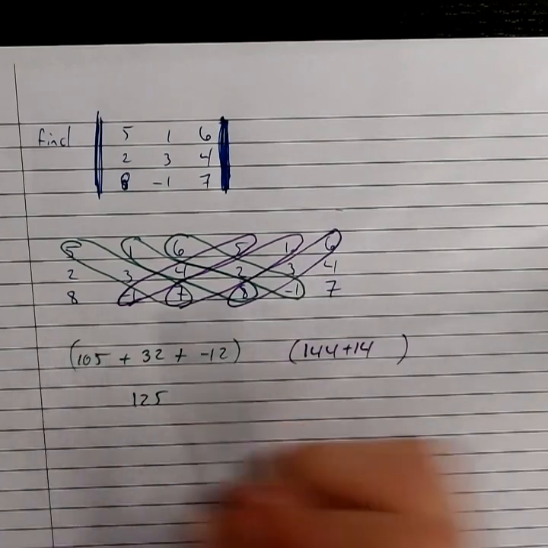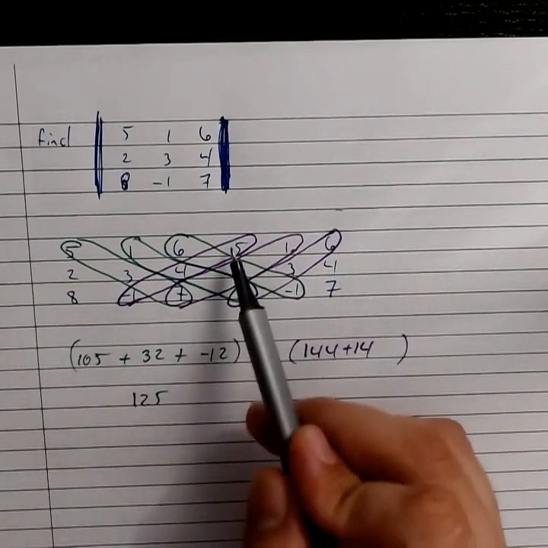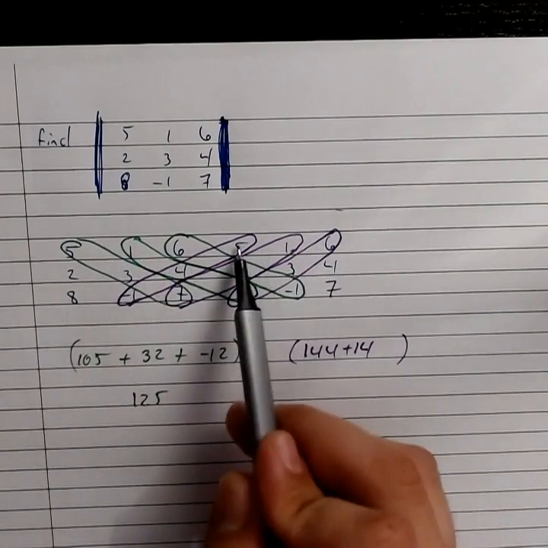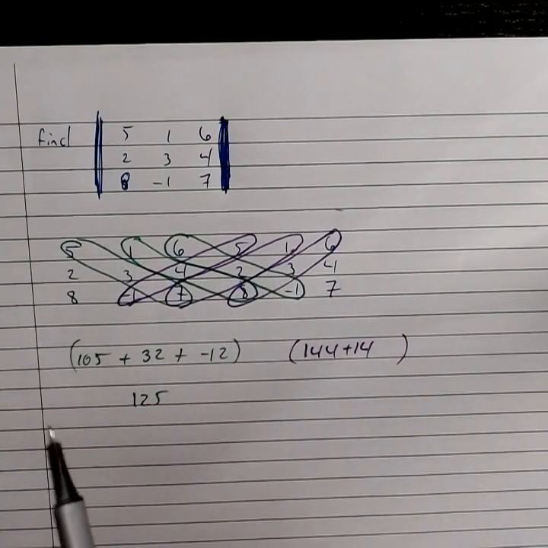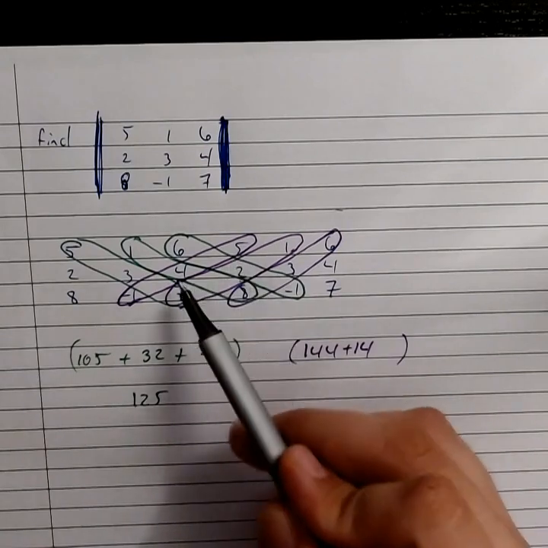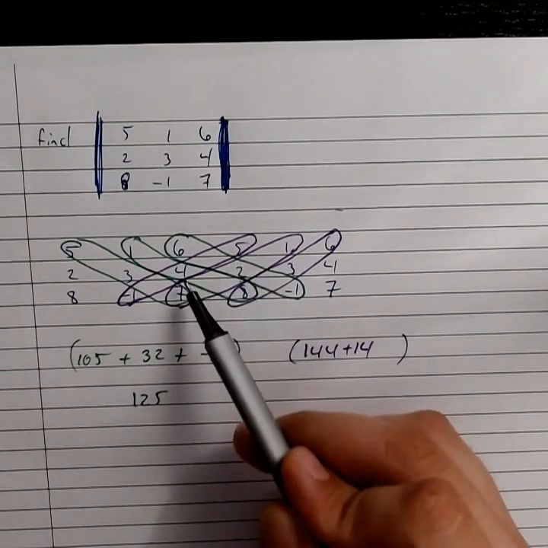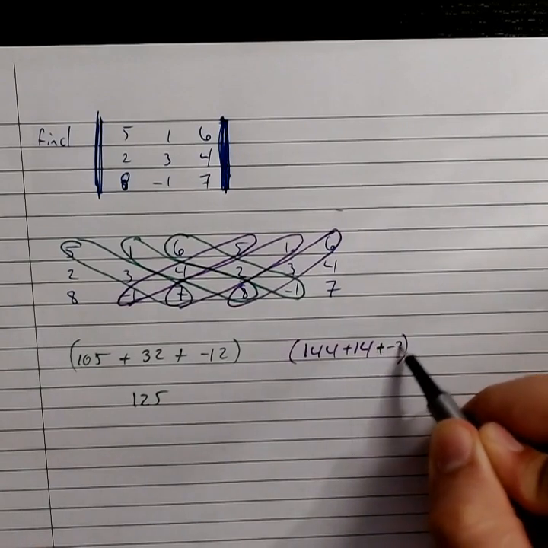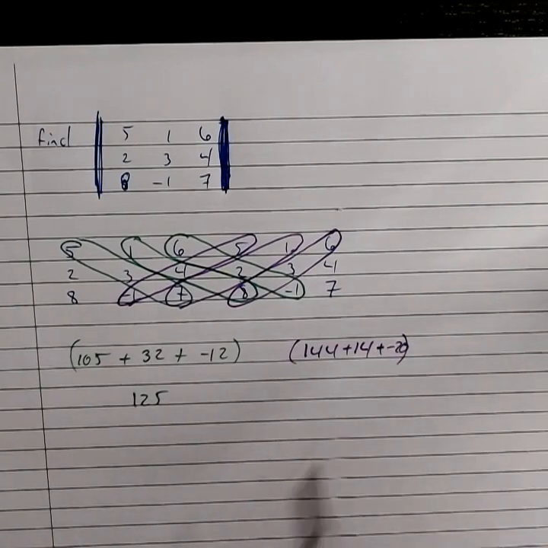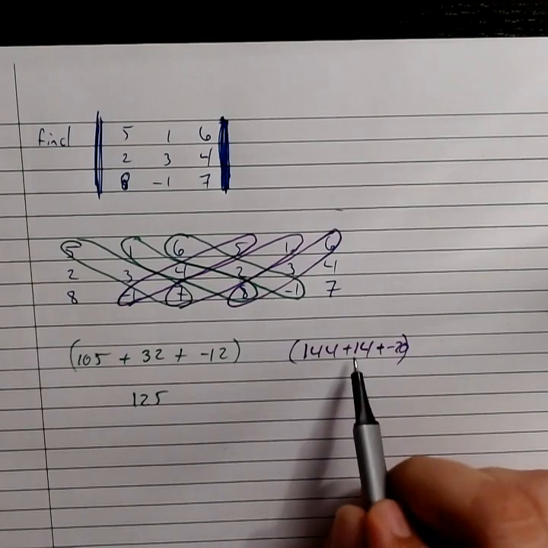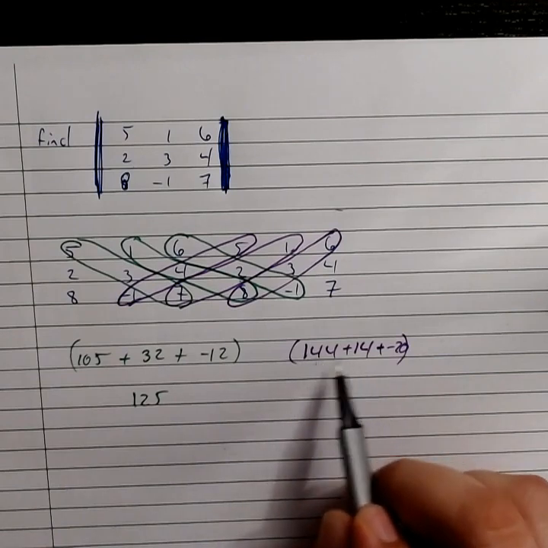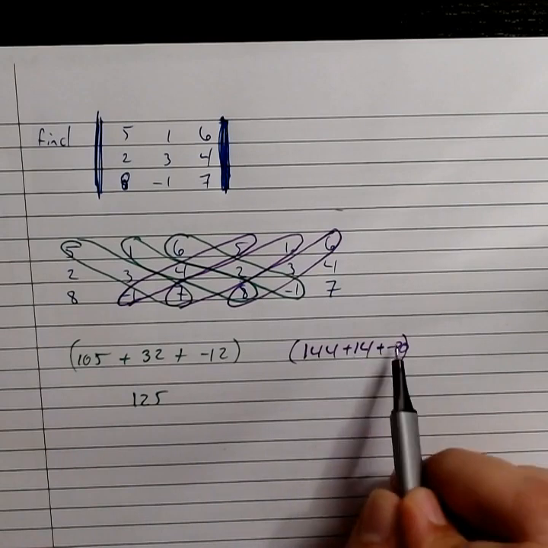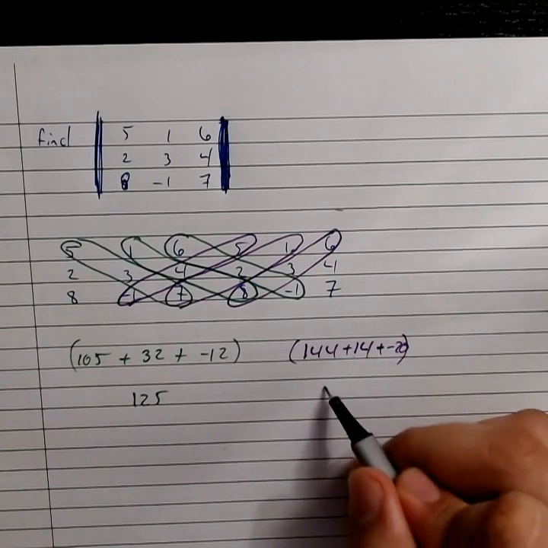Some of the ones down here might not, but that's not a big deal. You're going to have 3 going one way, 3 going the other way. So that's going to be 5 times 2 is 10. 10 times 4 is 40. Times negative 1 is negative 40. And now if I add those together, that's what? 144 plus 14, that's 158. Minus 20, that's 138.